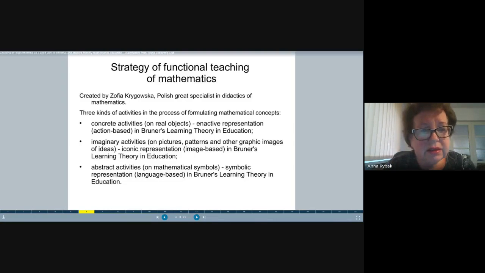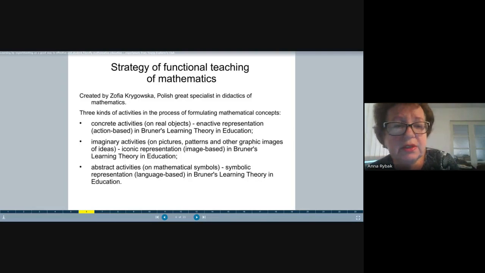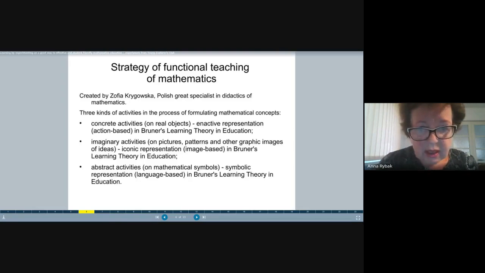It says that there are three kinds of activities in the process of formulating mathematical concepts. First are manual activities, concrete activities on different manual didactical tools.